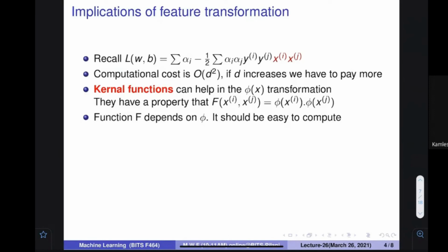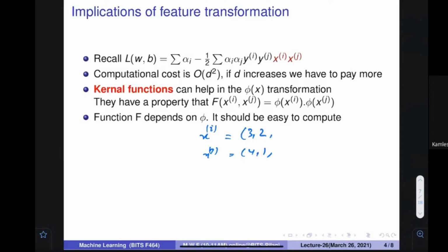Now, a few minutes back I told you, please concentrate, that xi and xj are, for example, (3, 2) and (4, 1). I'm just writing anything.